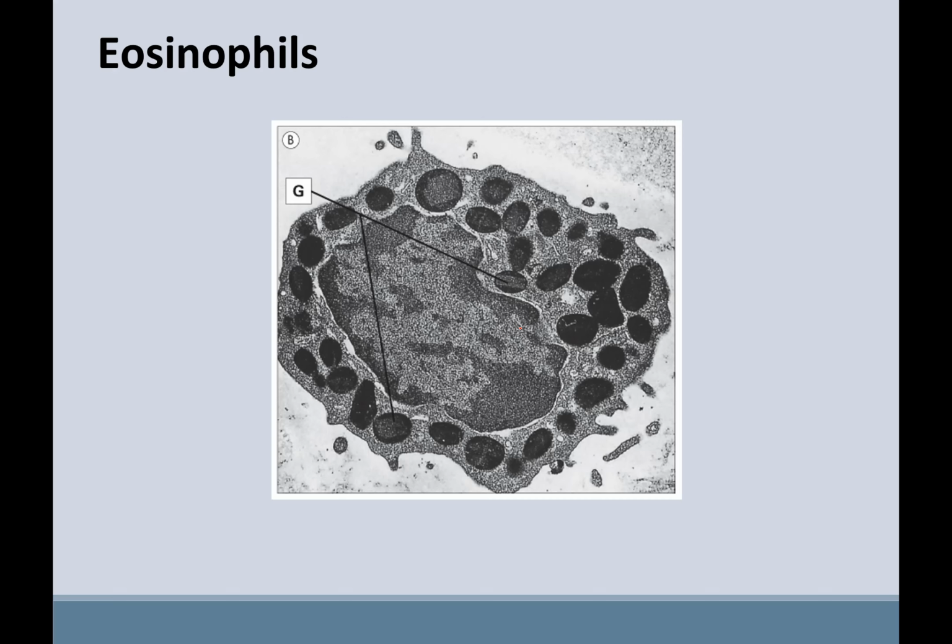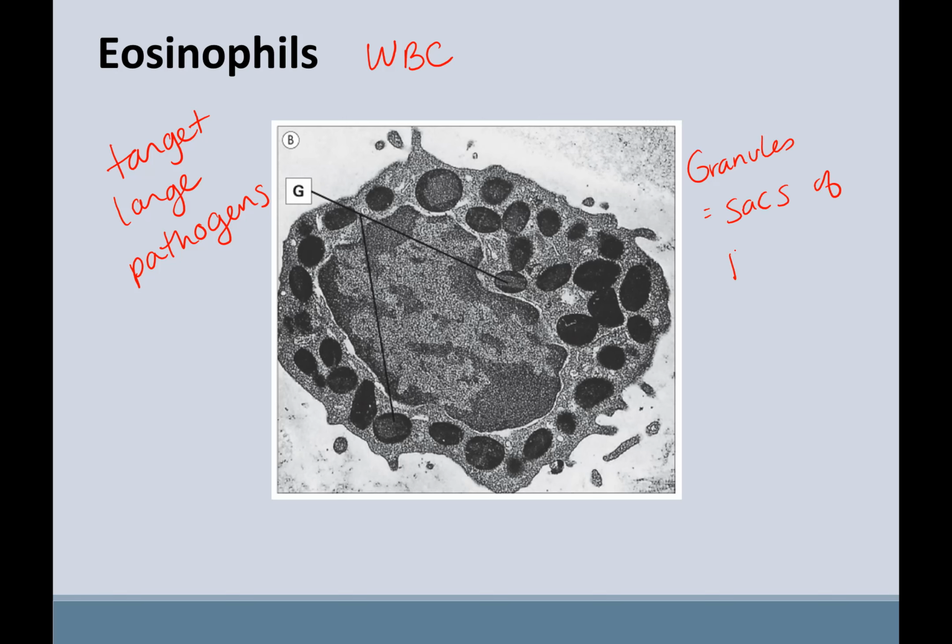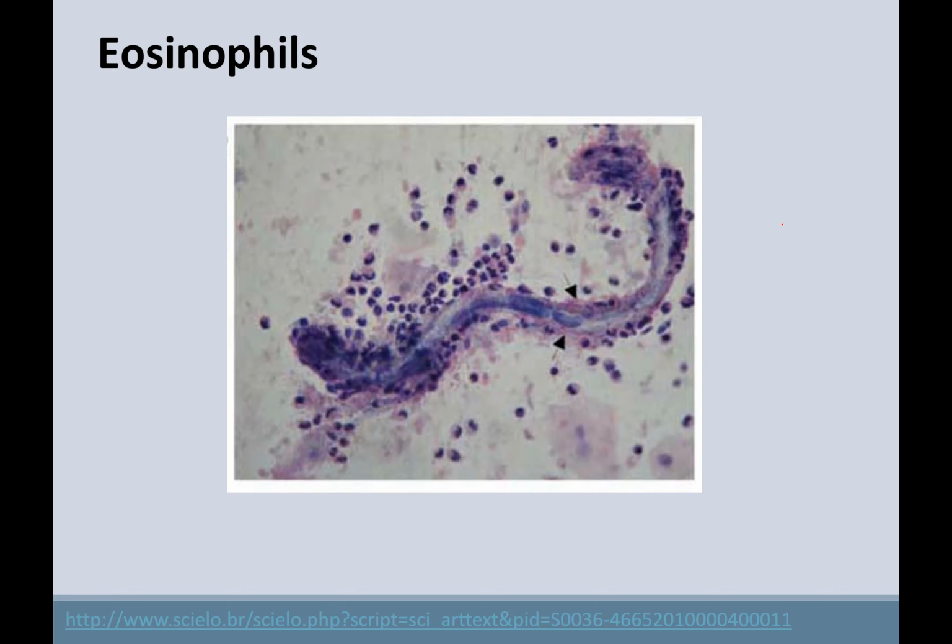One other type of cell that I think is pretty interesting are the eosinophils. This is a type of white blood cell, and eosinophils target large parasites or pathogens. They have all these granules, and granules just mean sacks of proteins. So it is floating around, waiting and waiting to detect something, and it can detect something like a helminth.